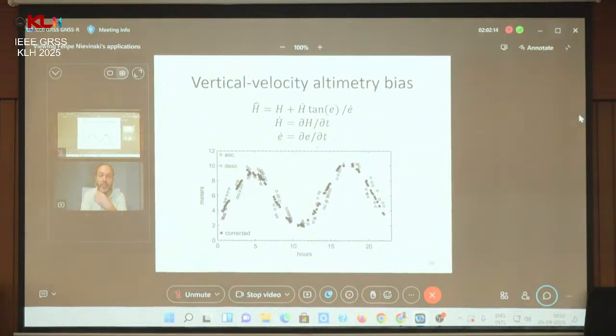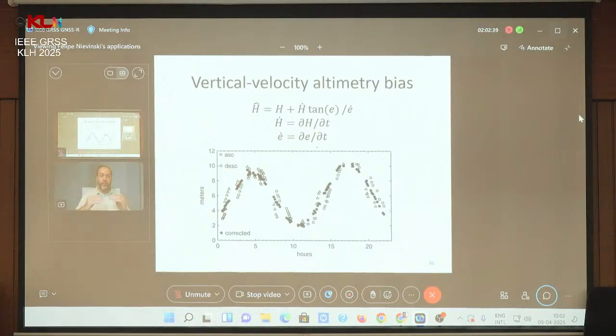It's not random, but systematic, because it is a well-defined function dependent on the rate of change of height with time, in meters per second, and the rate of change of elevation angle with time, in radians per second.